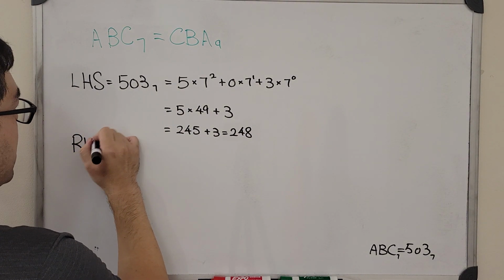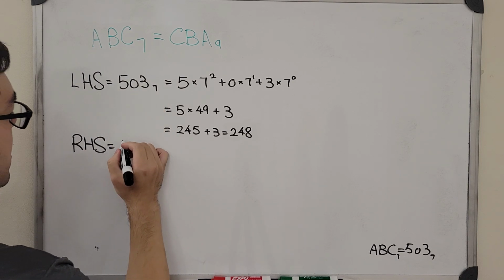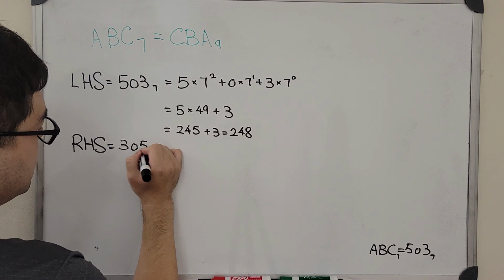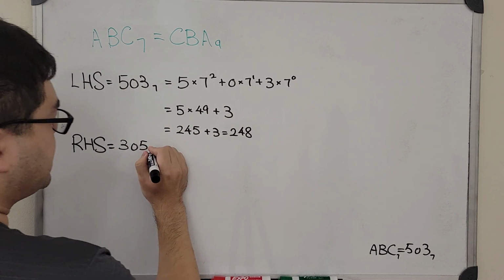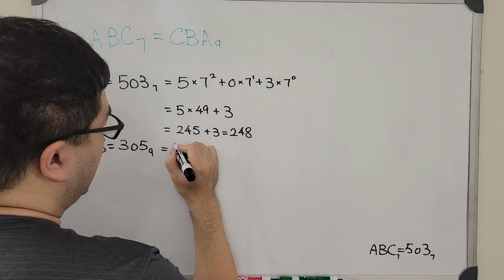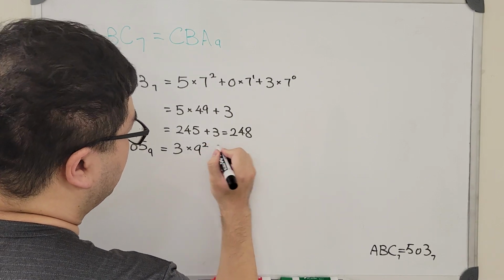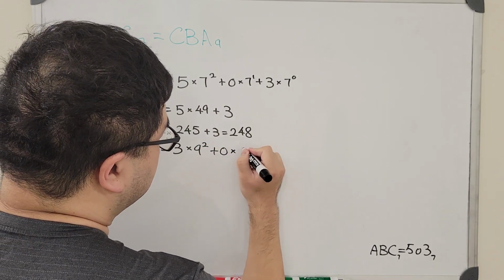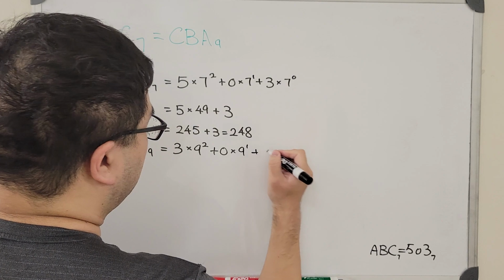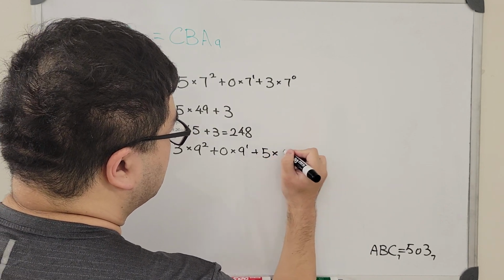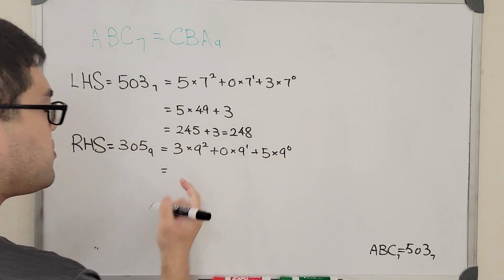Now on the right hand side, as we reverse the order of the digits, we have 305 in base 9. By the meaning of it, we have 3 times 9 to the second power plus 0 times 9 to the first power plus 5 times 9 to the 0th power.